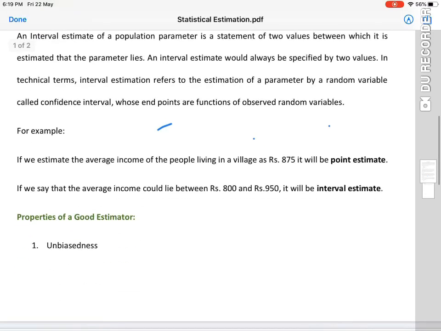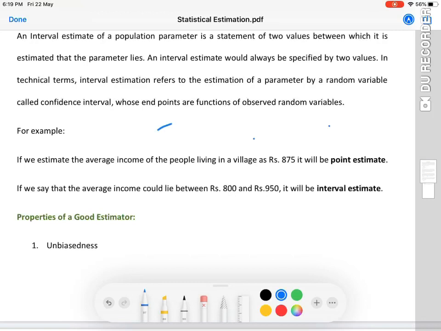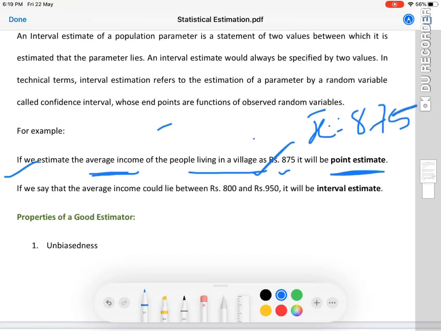If we estimate the average income of people living in a village as rupees 875, it will be a point estimate. Okay, so the average income is nothing but the mean income, right? So the mean income of the people living in a village is rupees 875. So we use the basic formula for calculating the mean value, then we get a single value. So if you get x bar is equal to 875, that is a point estimate.